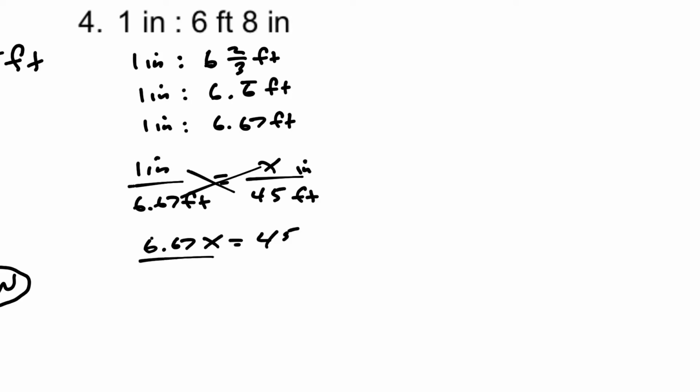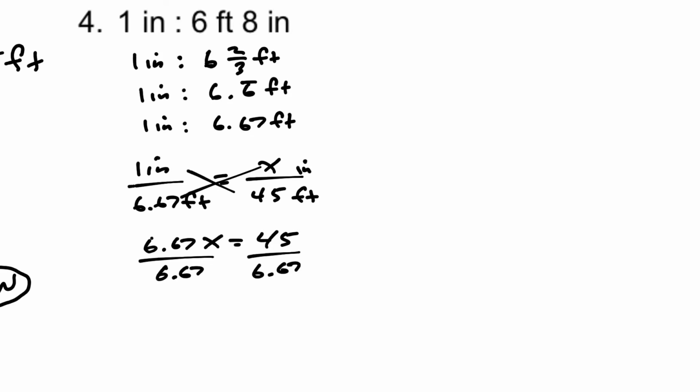Now we'll just divide both sides by 6.67. Now, if you want to get a more accurate answer, when you type this in your calculator, you could do 45 divided by, and you could type in 6.66666, a bunch of sixes.